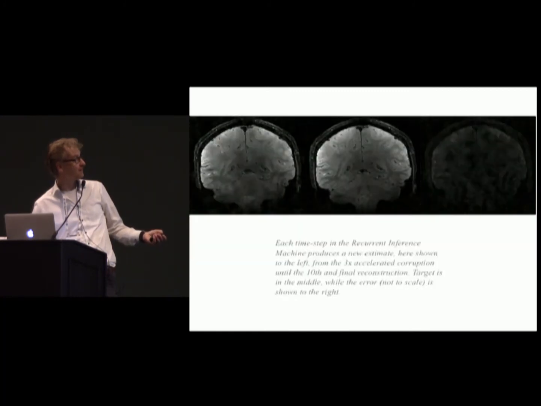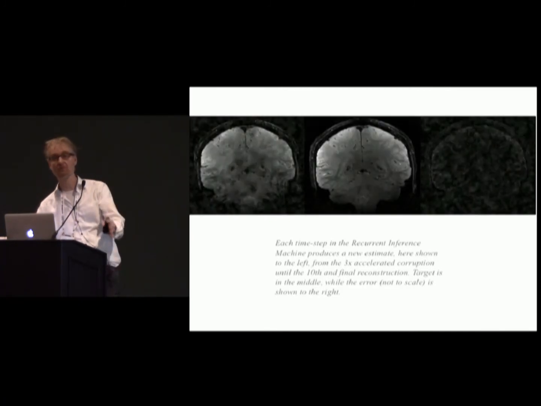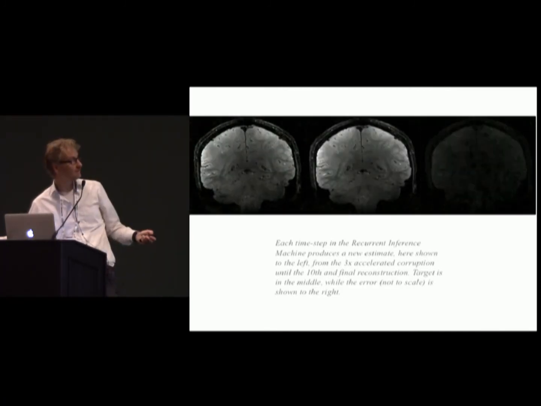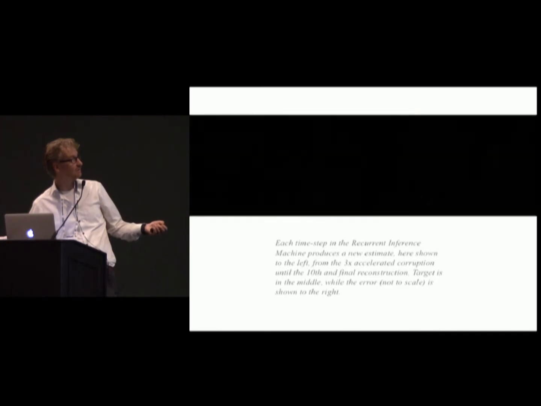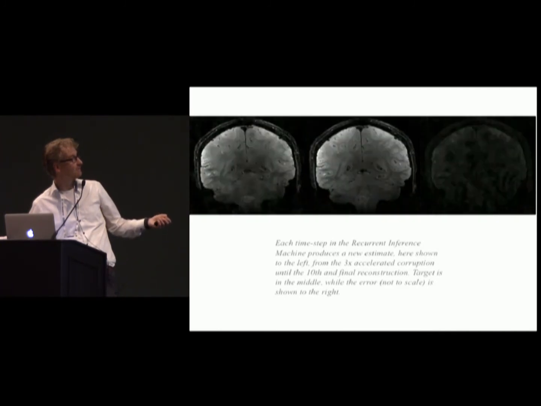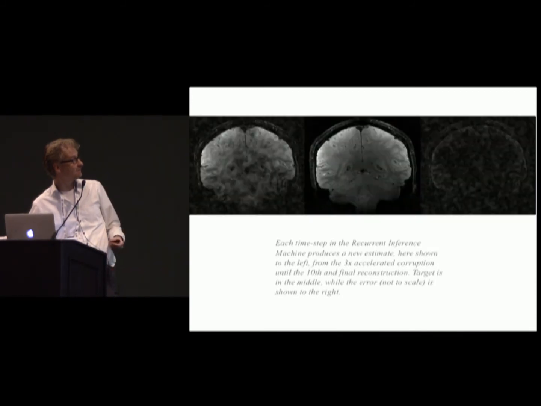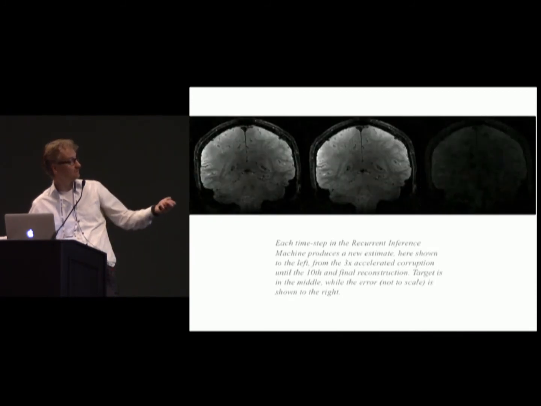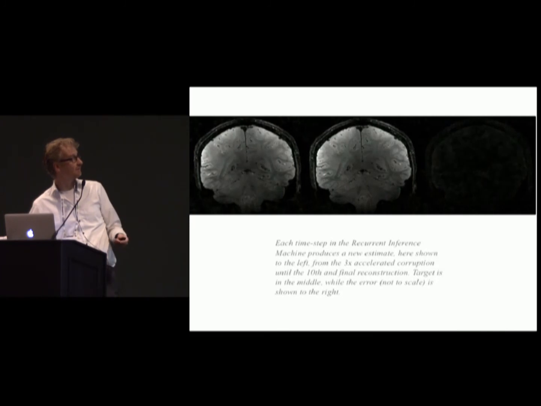And then here you see it as it progresses over time. This is the RIM in steps, trying to reconstruct the original image. Here you have the error. This is the target, and this is as it re-estimates toward the target. So it really needs the steps in order to kill the error here on the right-hand side.